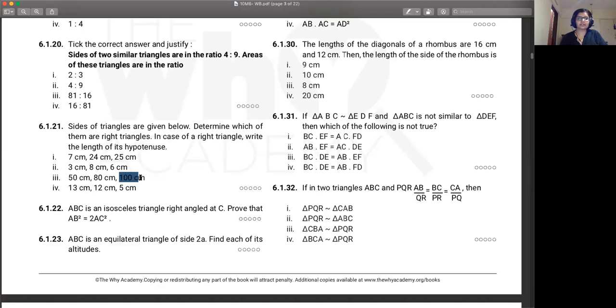So check 100 square, then check 50 square plus 80 square. If it is equal to 100 square, then it's a right angle triangle. Otherwise, it's not. So what Sanat was mentioning is that if there is a Pythagorean triplet, if it satisfies the Pythagoras theorem, then all of their ratios also will satisfy Pythagoras theorem.